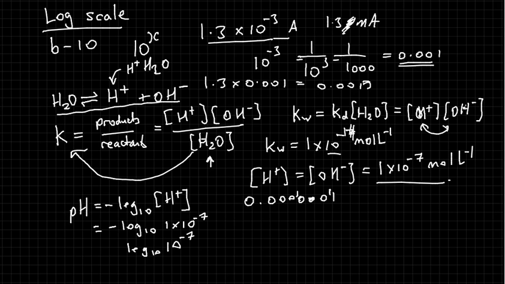Now 1 times 10 to the negative 7 is the same as 10 to the negative 7, log 10. We know from the third rule that if you've got log of x to the power of n, you can move the n out the front and get n times log of x.